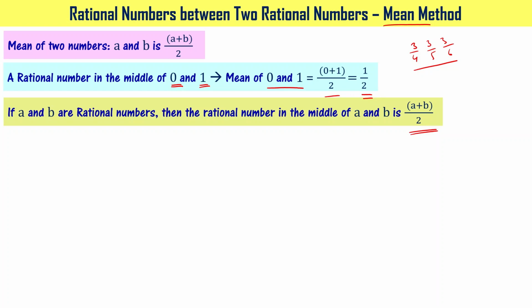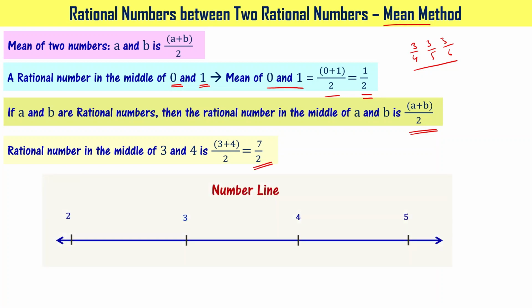Got it? So now the rational number in the middle of 3 and 4, I can write as (3 + 4) divided by 2. 3 plus 4 is 7. So the rational number in the middle of 3 and 4 is 7 by 2. We have seen this number line. I have marked only a few numbers on this line, but you can mark as many numbers as you want.